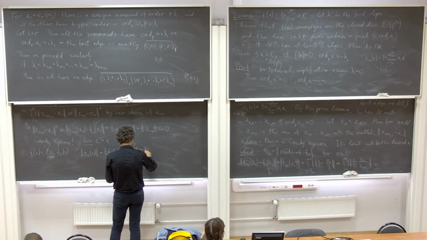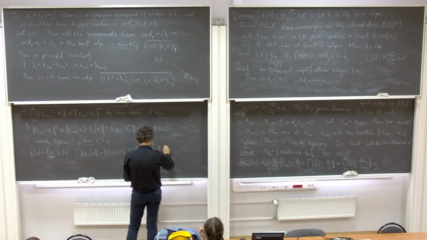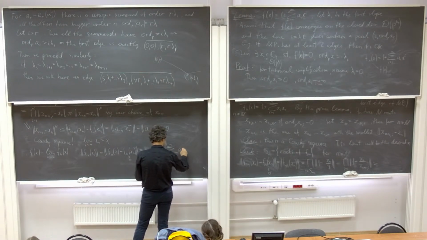So this is the norm of x minus xn times the norm of the sum of ai, x to the power i minus xn to the power i over x minus xn.